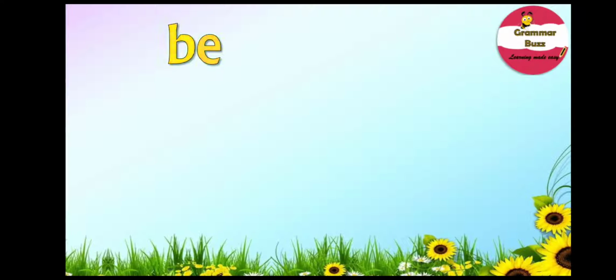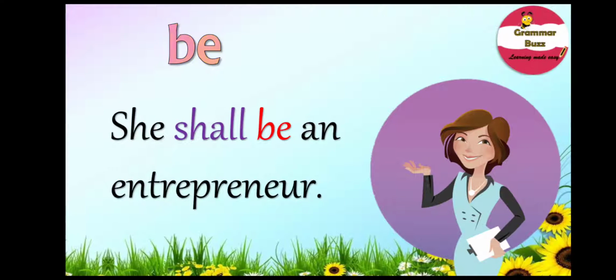However, we should remember to add will or shall before be in order to change it into a be verb in a sentence. So here our sentence says, she shall be an entrepreneur.